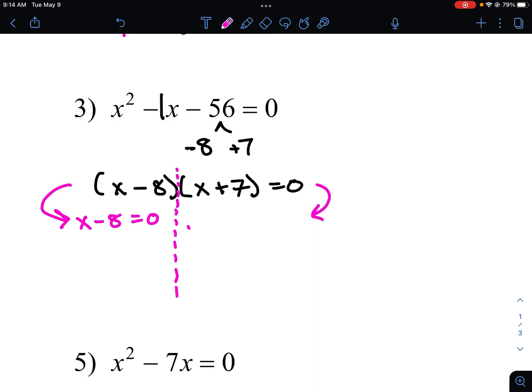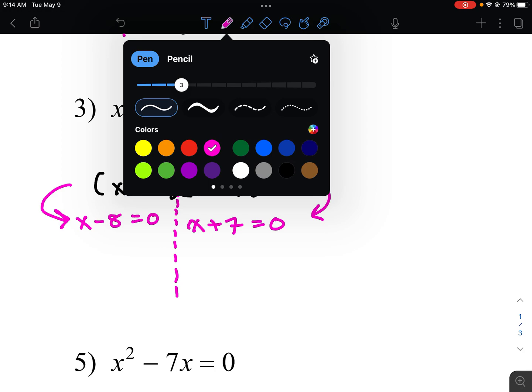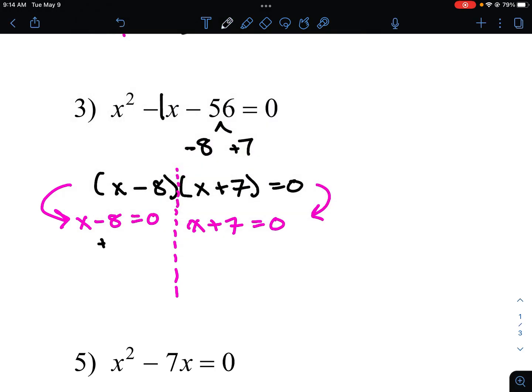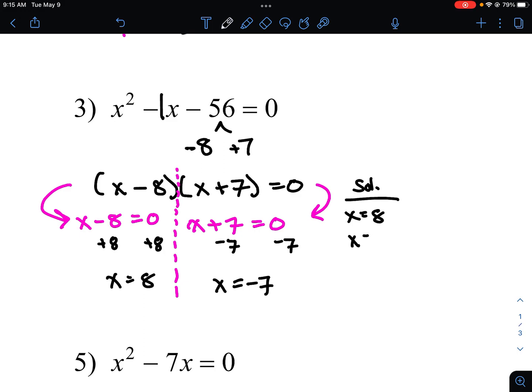And on the right, we have x plus 7 equals 0. And we have those two little mini equations to solve. Add 8, x equals 8; subtract 7, x equals negative 7. So those are the two solutions for this problem, x equals 8 and x equals negative 7. It really does not matter which way you have these set up, so long as you get the answers in the end, you're in good shape.